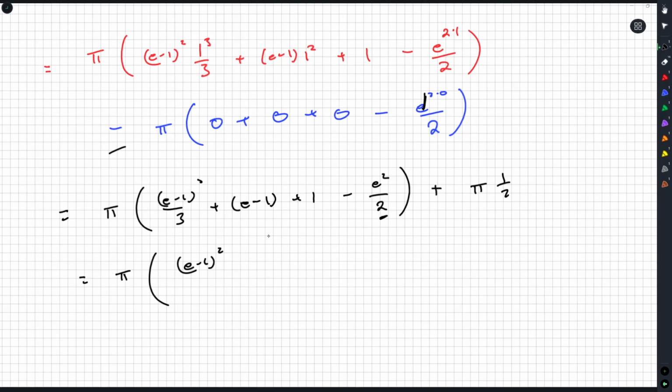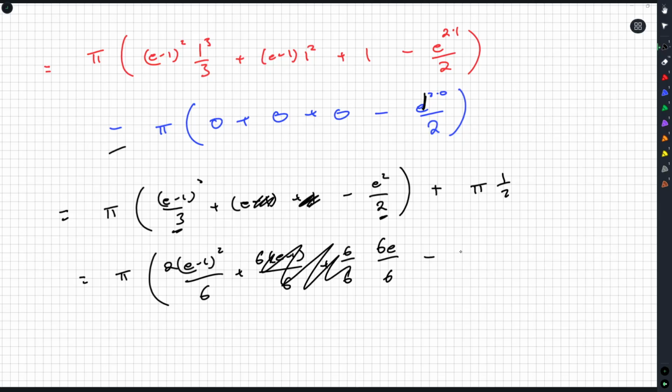I'm going to start getting a common denominator of 6 for everything. So we'll say 6 and 2 here, 6(e − 1) over 6 here, 6 over 6 here. Actually, the plus 1 here and the minus 1 will cancel out, so we can really just say this is 6e over 6. Minus e squared, 3e squared over 6, and then plus, so we took out the pi, we'll say plus 3 over 6.